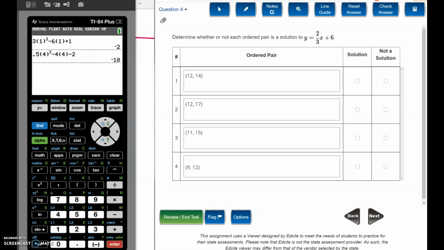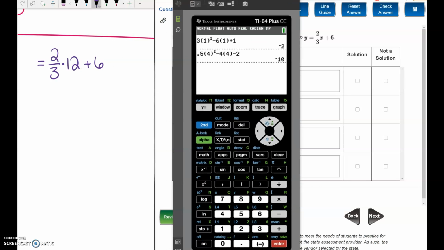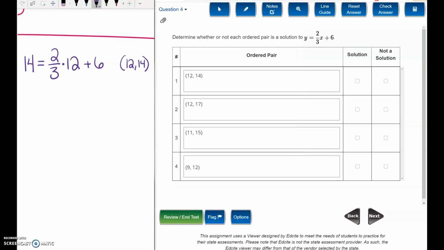So I'm going to grab my handy dandy calculator and type in 2/3, so 2 divided by 3, times 12 plus 6. It gives me 14. So when I use an x value of 12, I get a y value of 14. That means that 12/14 is a solution. Is 12/17 a solution? No, because when we plug 12 in, we get 14, not 17.